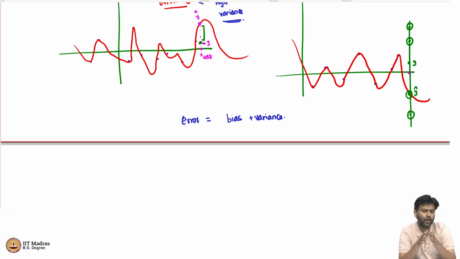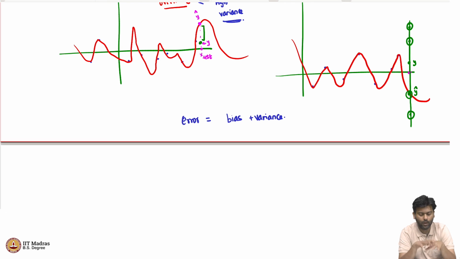So, there is always a trade-off between bias and variance. All the parameters that we cross-validated, let us say k in k nearest neighbors or depth in decision tree, or even lambda in regularized logistic regression or support vector machines, can be thought of as balancing this bias variance trade-off.